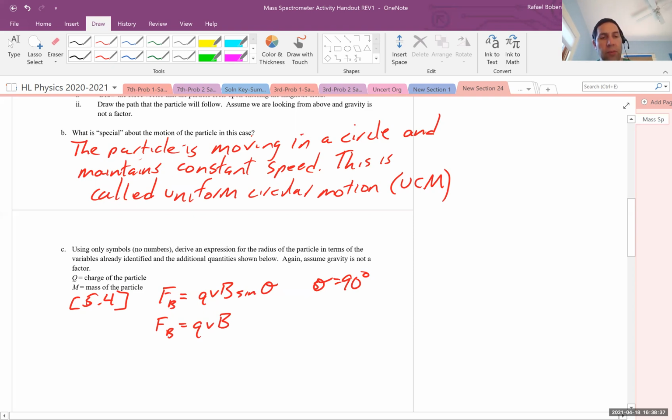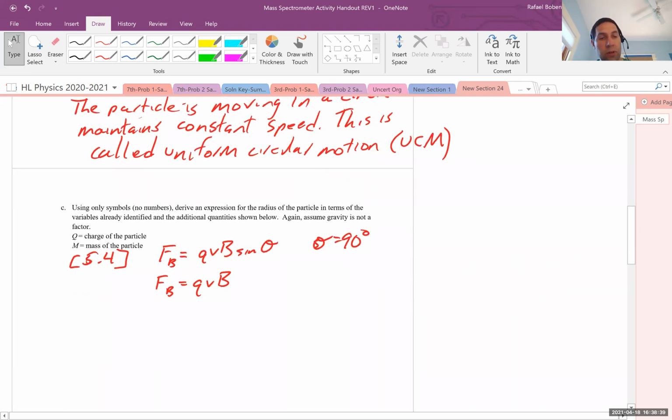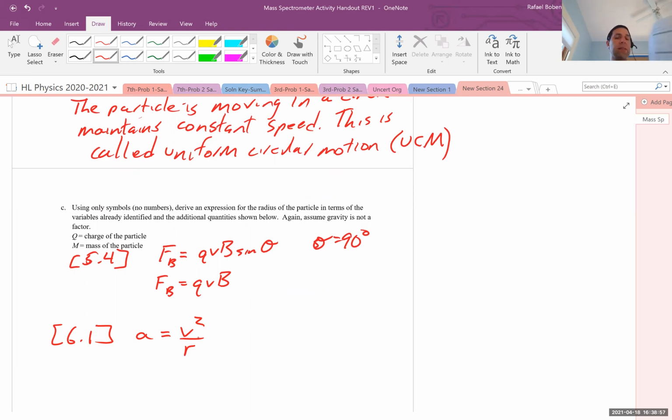Okay, the other thing we know, if we go back to uniform circular motion, which is section 6.1 in your data booklet, I'm on page 7 of your data booklet, is that the acceleration of such a particle moving with uniform circular motion is equal to the speed squared divided by the radius of the circle it's traveling in. And the third thing we need to remember is our trusty old Newton's laws, right?